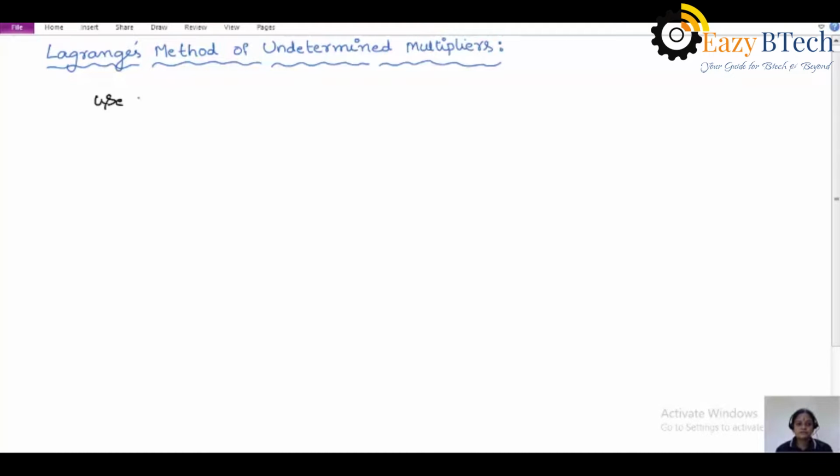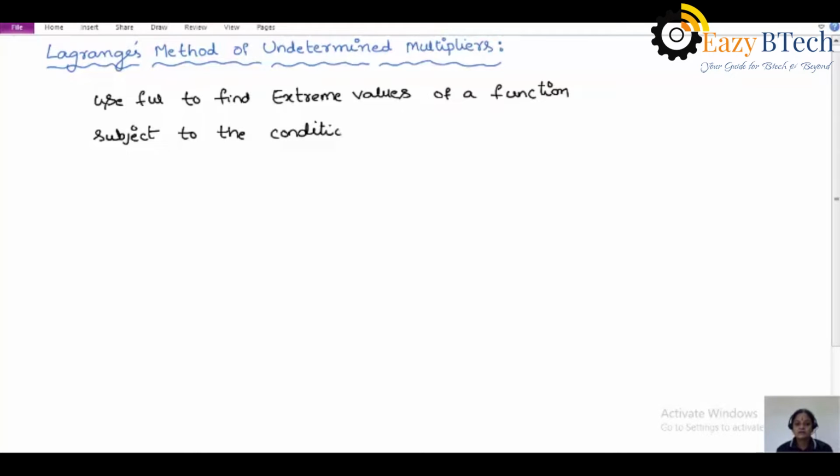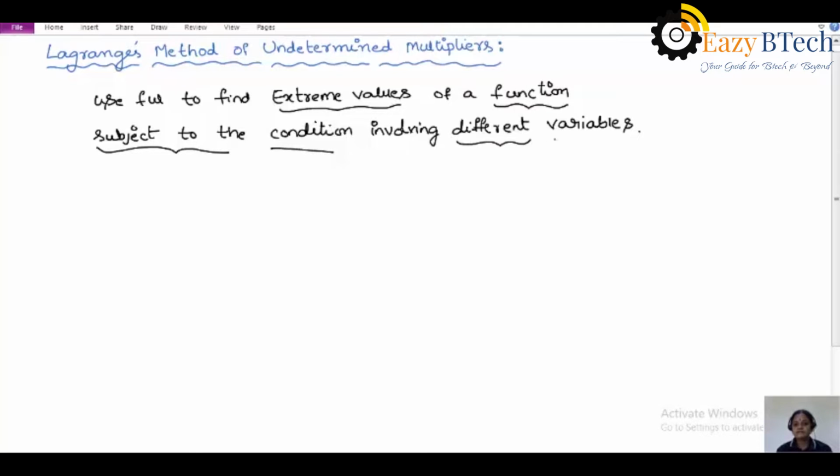This method is useful to find extreme values of a function subject to the condition involving different variables.